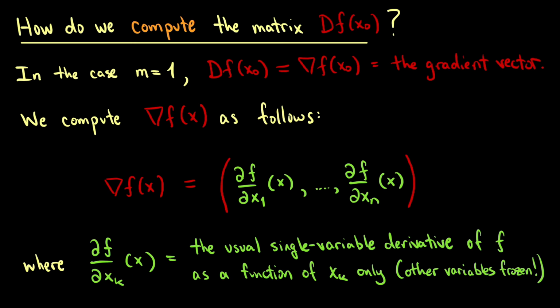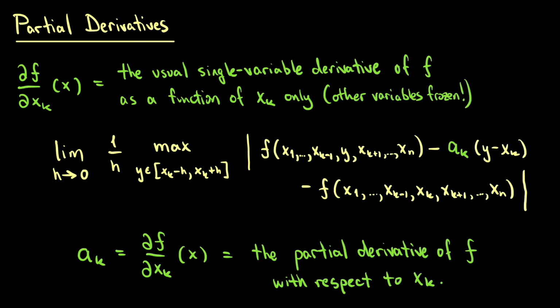Assuming it's differentiable, you get something as a function of just that coordinate, and the derivative is defined to be the partial derivative of f with respect to xk. So this is what a partial derivative is: just the usual single variable derivative of f as a function of xk only.